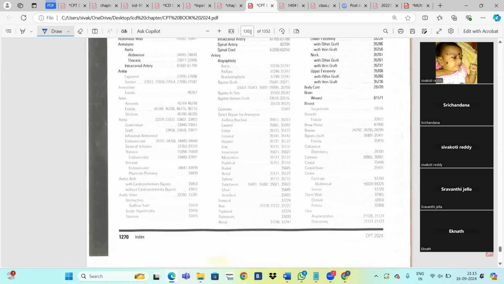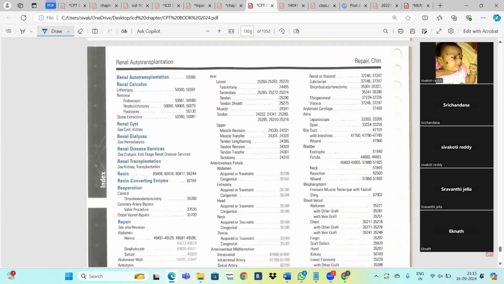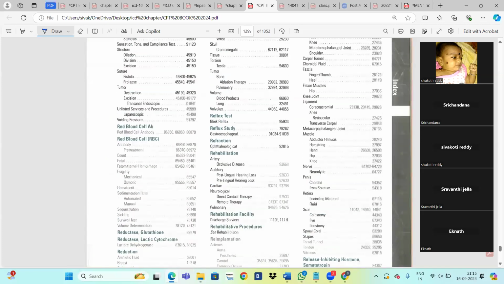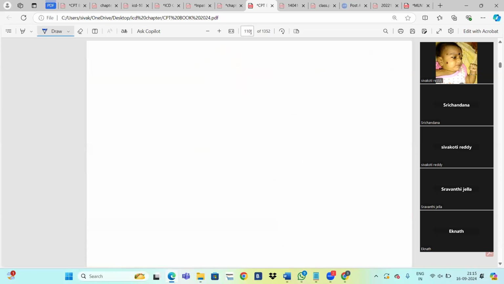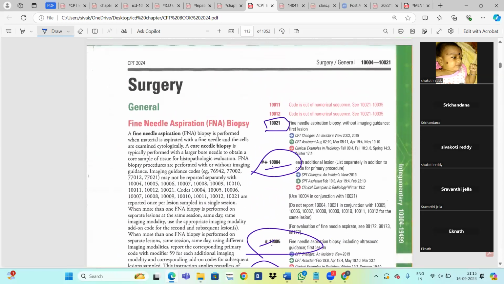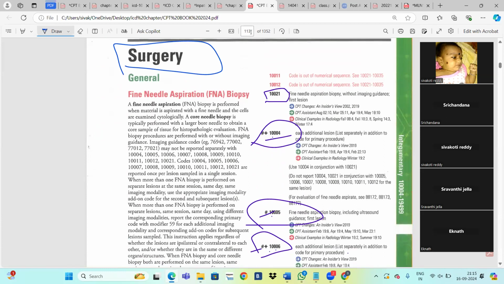Yeah. At the end of CPT book, you will get this. And then you will get the procedures like this. Integumentary only. Remember, I am explaining only surgery. Okay, no anesthesia, no E/M. You don't get single question. And don't expect like a CPT, CPC range.